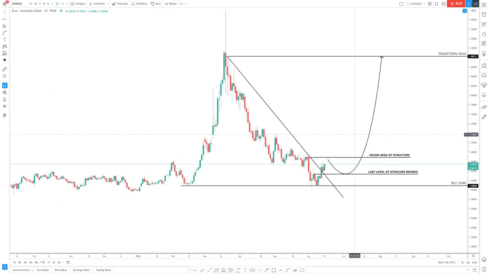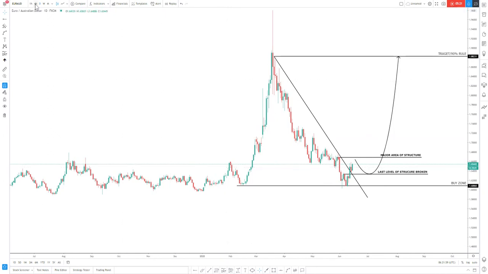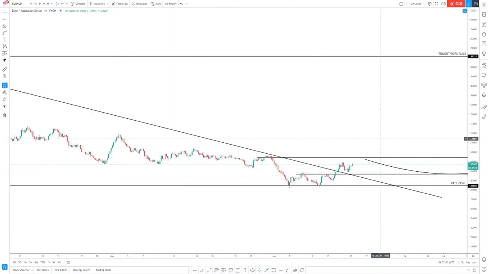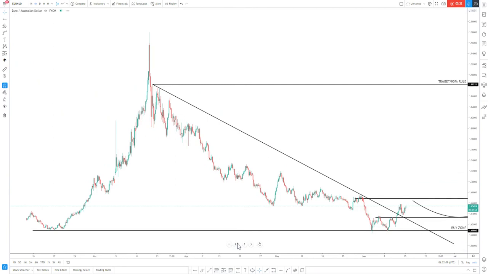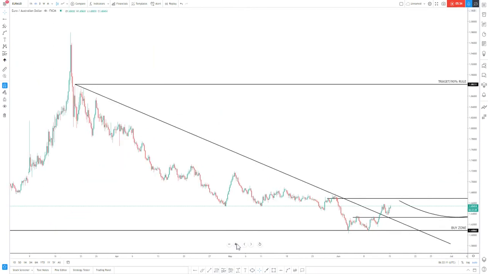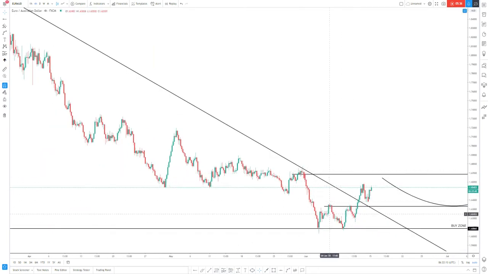So on EURAUD, we have a ton of confluence on the daily time frame. I would love to go to the 4 hour time frame to look for more confluence that would align with the bias I have. Looking at the 4 hour time frame, there was a W formation, where price did move to the upside and hasn't really retested the neckline fully.